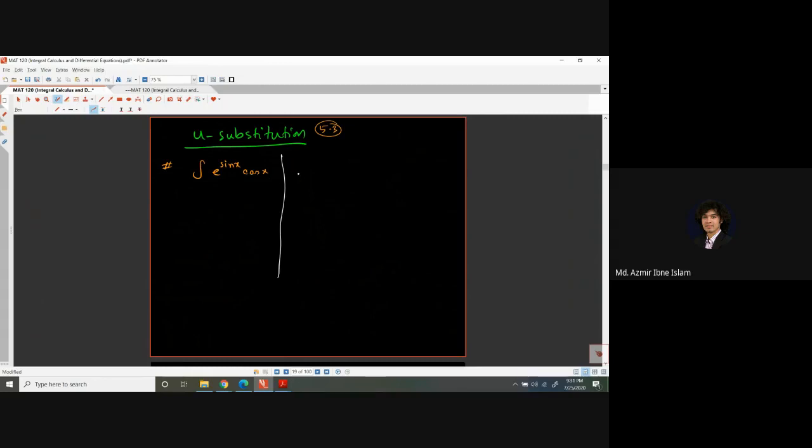Suppose we are taking cosine x as u. So step 1 is completed. We have considered a function as u. Then in the second step, we have to differentiate with respect to the variable x.